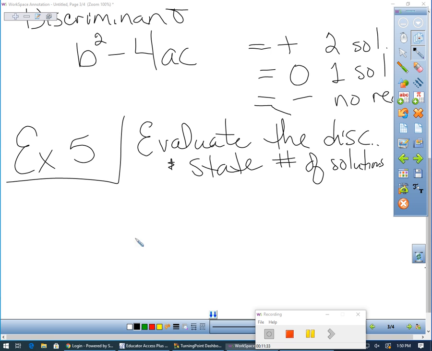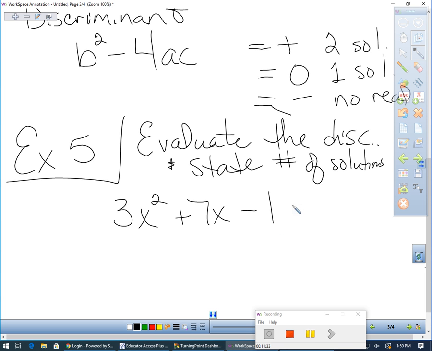Okay. So let's say I have 3x squared plus 7x minus 1 equals 0. Okay, there's your problem. Of course, you know you have to get it in standard form, and it's got to be set equal to 0, right? My a value is 3, my b value is 7, and my c value is negative 1. So I'm going to plug it into b squared minus 4ac.